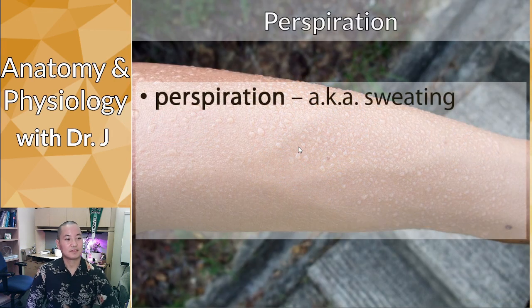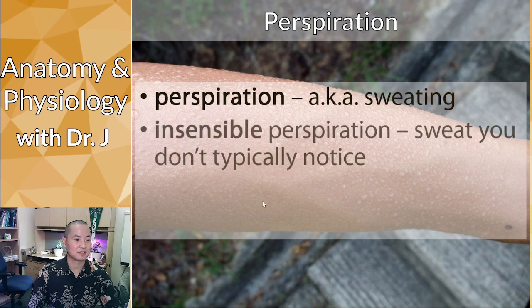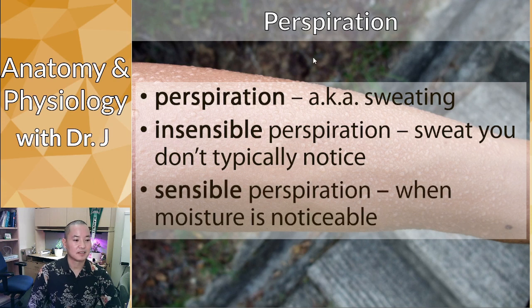Now, what we have here is perspiration, aka sweating, as you probably know it. There are two main types of perspiration: insensible perspiration and sensible perspiration. Sensible perspiration is when you're sweating, maybe you're exercising or you're outside and it's 90 something degrees, and those are the beads of sweat that you can feel trickling down your forehead or your face or body.